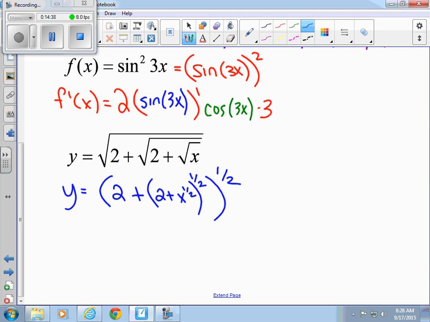You could rewrite it in steps if you needed to. You wouldn't have to do it all at once. If you needed to, start inside and rewrite the x to the 1/2. Outsidemost function.